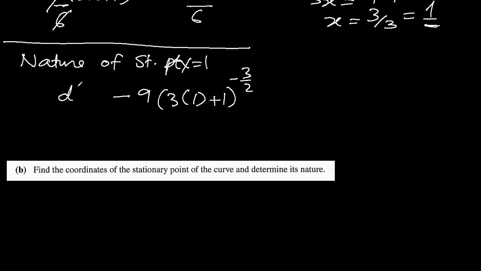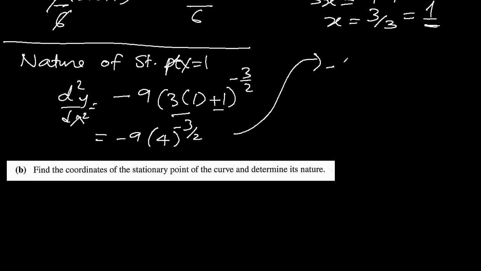So this is d square y over dx square. So minus 9, 3 plus 1 is 4. And let's write 4 first. 4 to the power negative 3 over 2. And let's continue here. Minus 9.